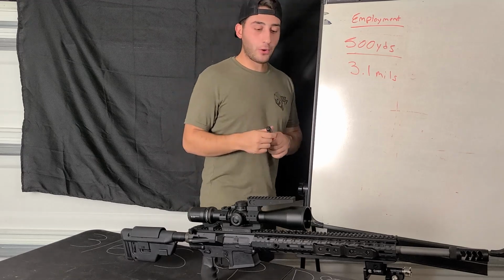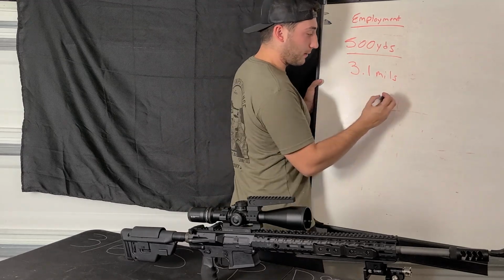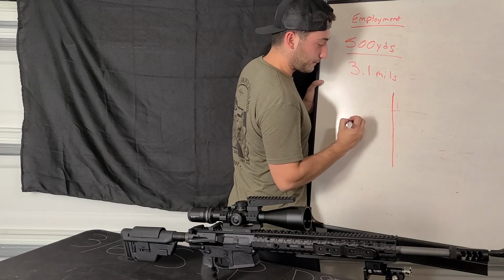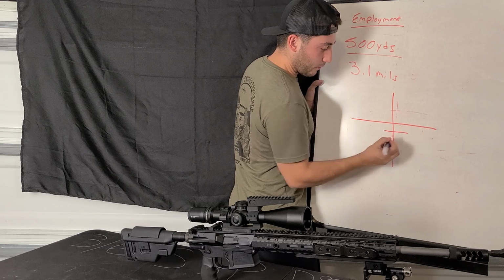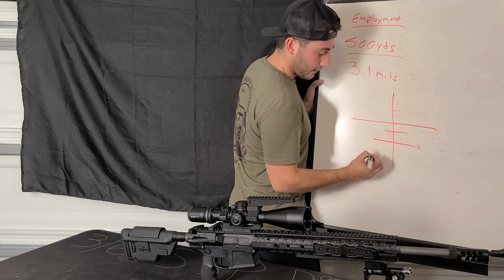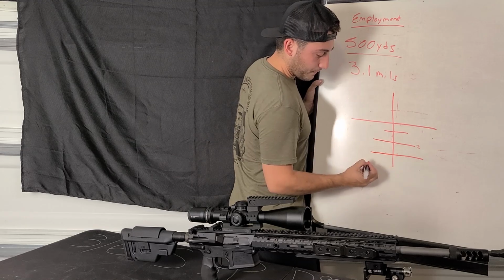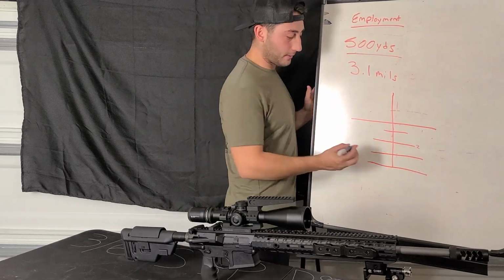And when I talk about holding, imagine this is my reticle, and I have my 1 mil line, 2 mil line, which is usually going to be marked, 3 mil line, 4 mil line in that Christmas tree style as I was talking about.